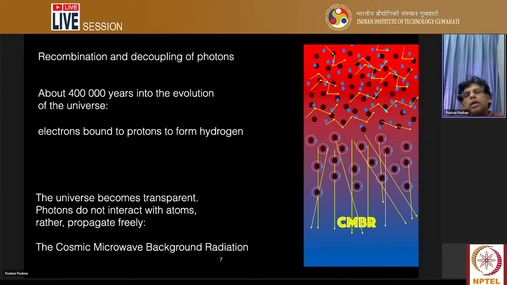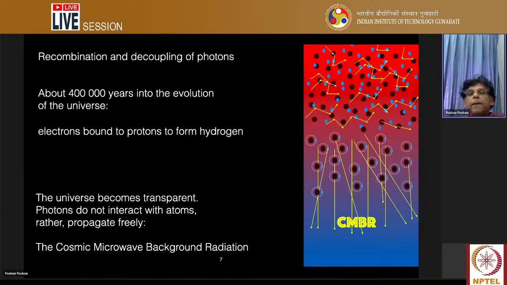So in the case of neutral atoms, the photons are more or less like that. They just pass through. If you have hydrogen gas and send photons through that, they will just pass through. And this is what we call the cosmic radiation, because it originates not from any sun or any particular star or galaxy, but from the primordial beginning of the universe itself.